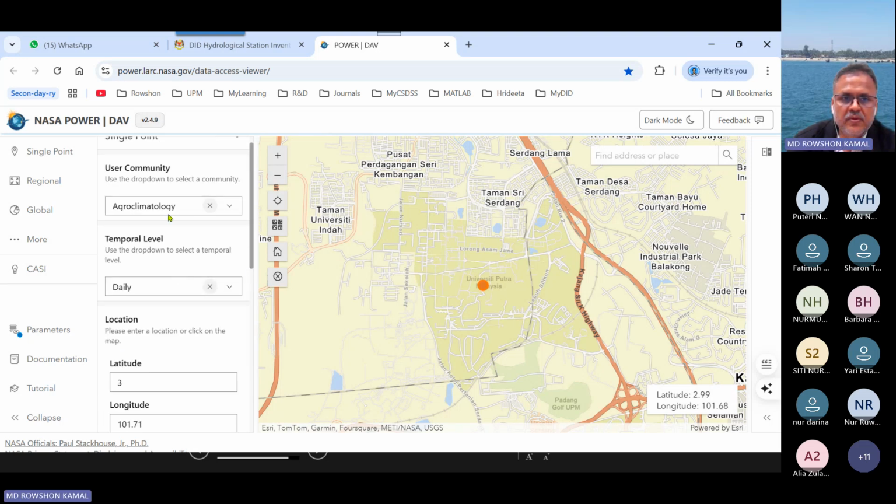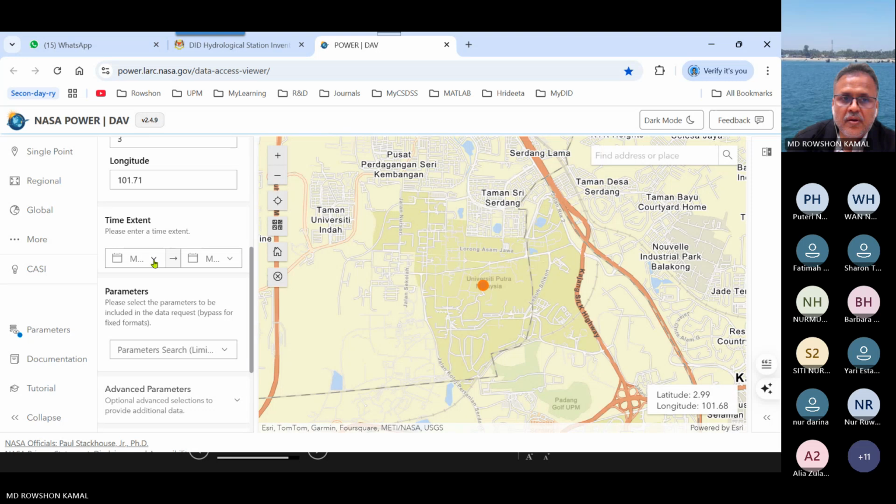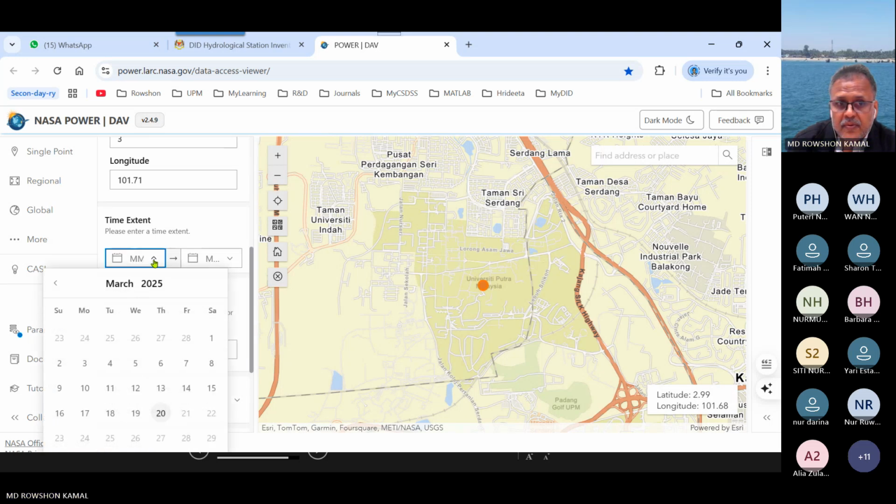Now you choose the community, you choose the time. Now choose how long the data you need. This data is available, I think, from 1982.